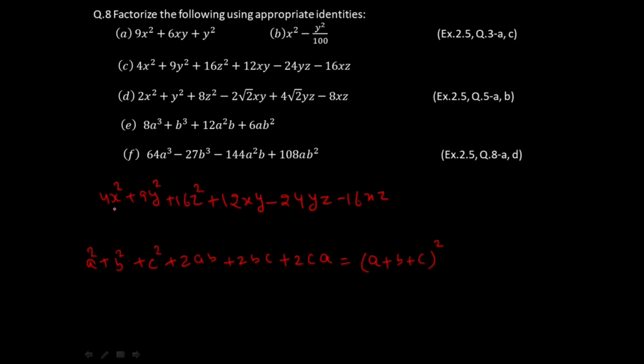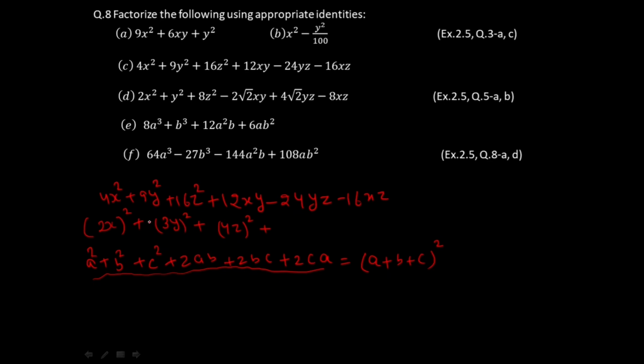So to factorize this, first I have to convert the whole thing in this form. So let's begin. 4x square can be written as (2x) whole square, plus 9y square can be written as (3y) whole square, plus 16z square can be written as (4z) whole square, plus.